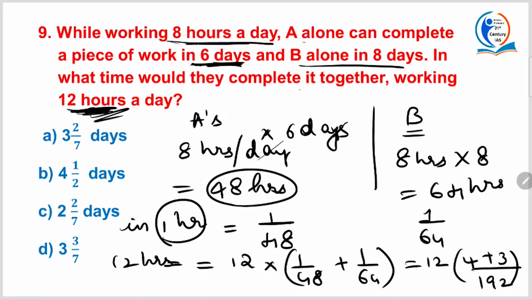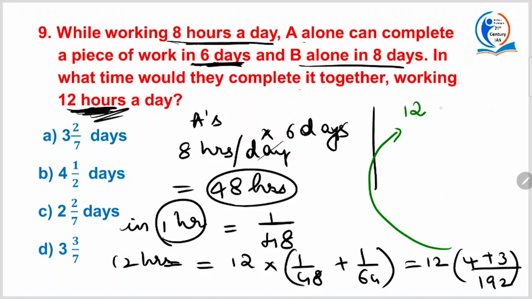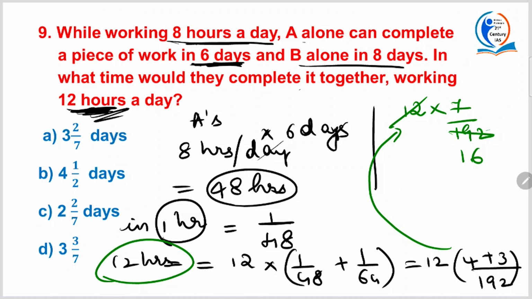So it will translate to 12 into 7 by 192. 12 ones are 12, 12 and 7 will be there, 7 2s are 14, so 12 16s are 192. So in 12 hours, if A and B are working together, they can finish 7 by 16th of the total work.